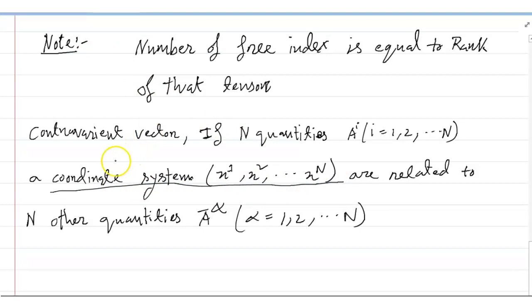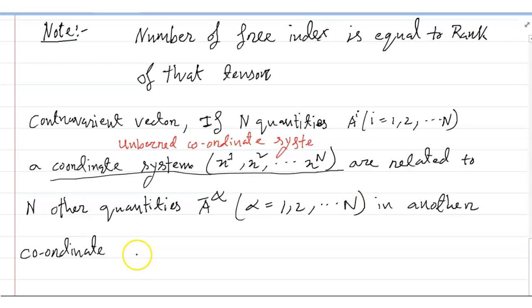This coordinate system is called the unbarred coordinate system, and in another coordinate system it is called the barred coordinate system.